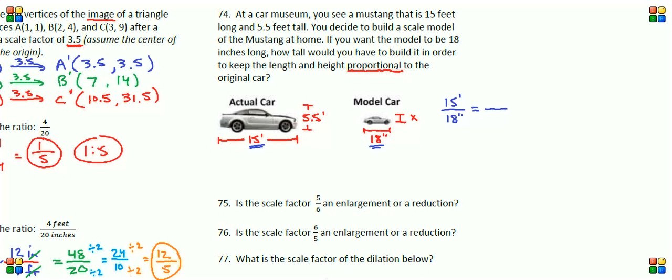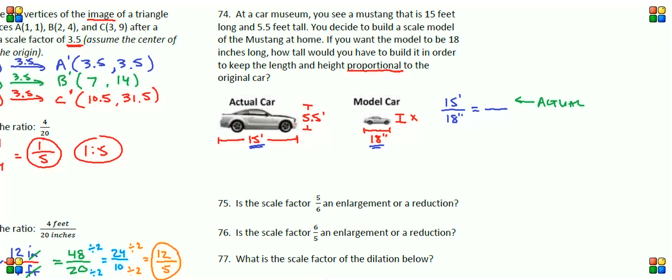And the way you have to remember this is, if the 15 feet on the top of this ratio came from the actual car, then the measure on the second ratio of this proportion has to actually come from the actual car. So 15 feet came from the actual car.